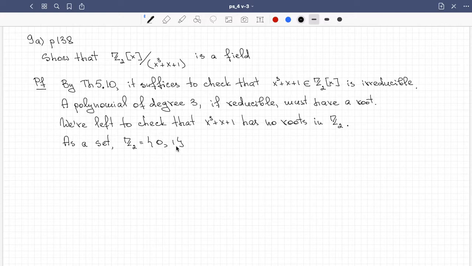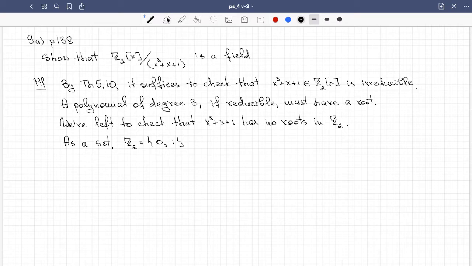The class of 1 modulo 2, all odd numbers. And the obvious table of multiplication and addition: 0 plus 1 is 1, and 1 plus 1 is 0. Multiplication by 0 is 0, 1 times 1 is 1. That's how it looks like.